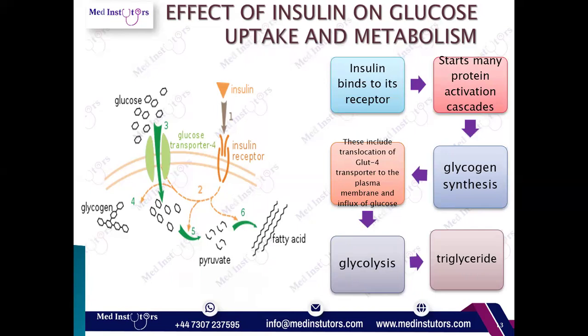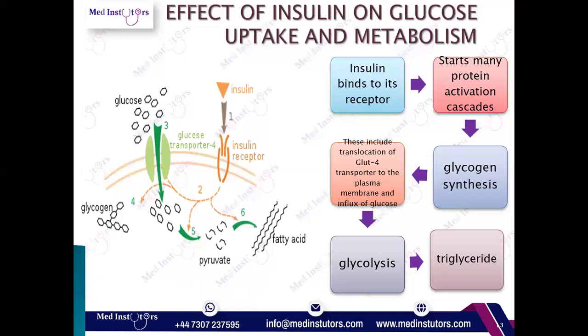Then glucose can enter these cells from the blood, undergo glycolysis and many other processes, and sometimes even triglyceride synthesis and fat synthesis, ATP synthesis, energy production, everything happens inside the cell.